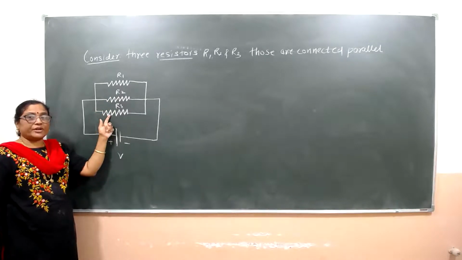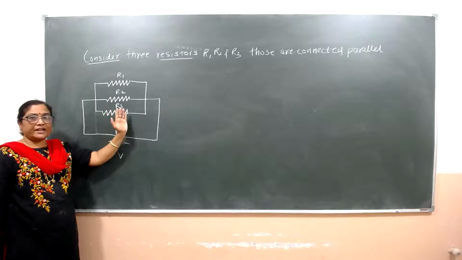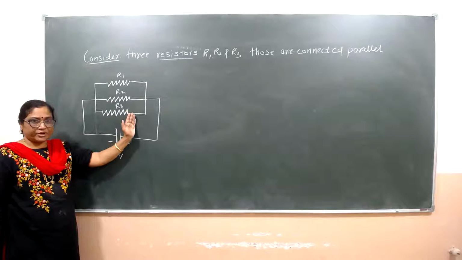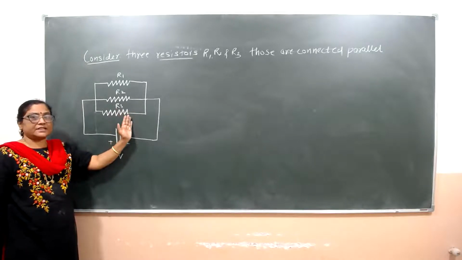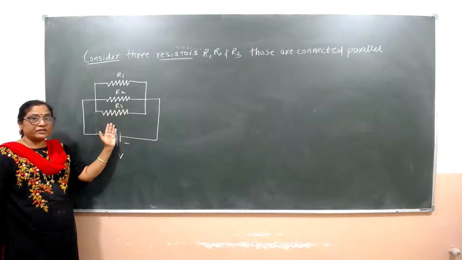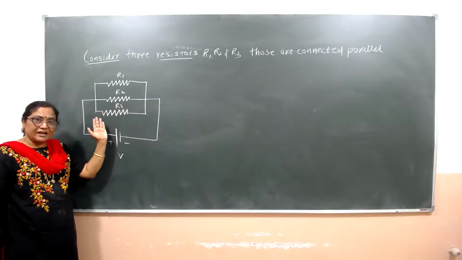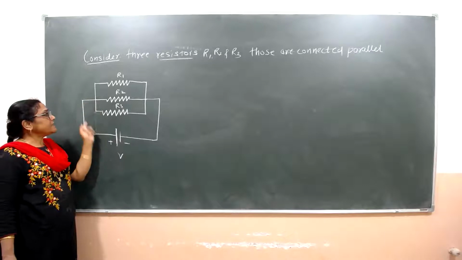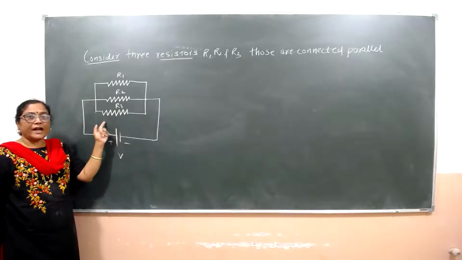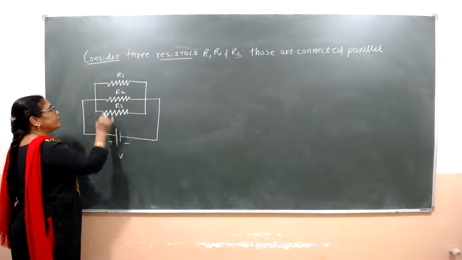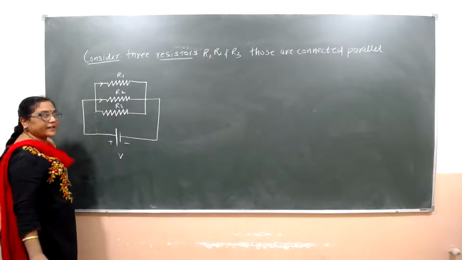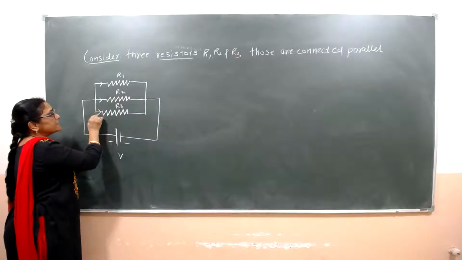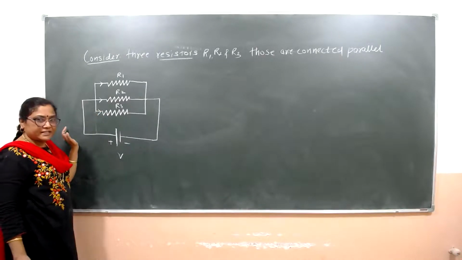In the series combination, the potential is divided into three parts and the current is the same. Remember that in the series combination the current is the same, but in the parallel combination the current is divided, while the potential is the same across each. The potential given to the first resistor, the second resistor and the third resistor is the same.